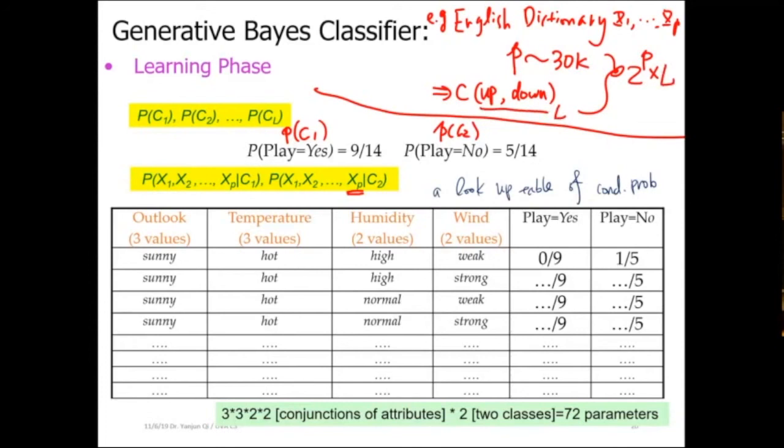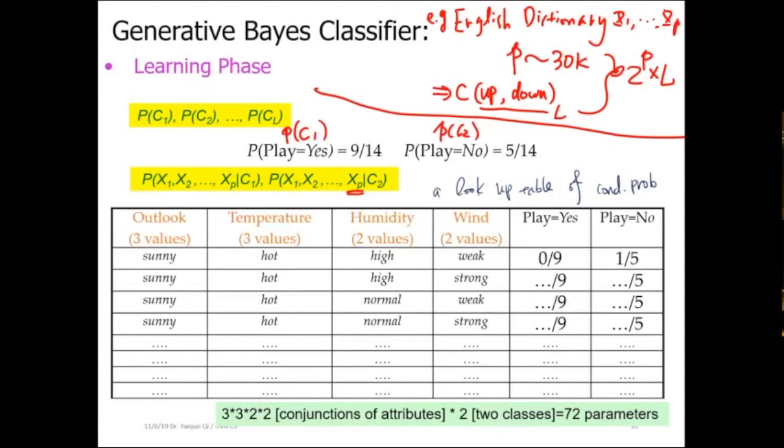I think you know what 2 to the p is. If p equals 20, 2 to the 20 may be feasible. 2 to the 30k, is it even possible? Think about it, 2 to the 30k. There's no way. I'm just trying to show you that this is one current solution, and there's no way to calculate it on the fly.